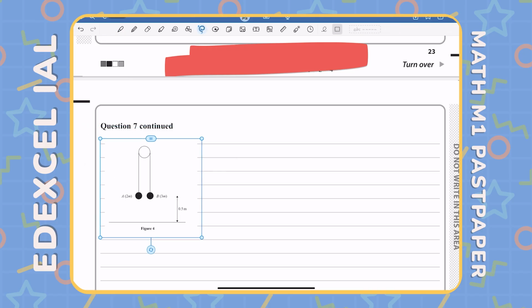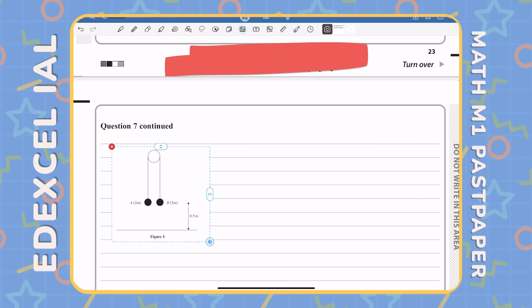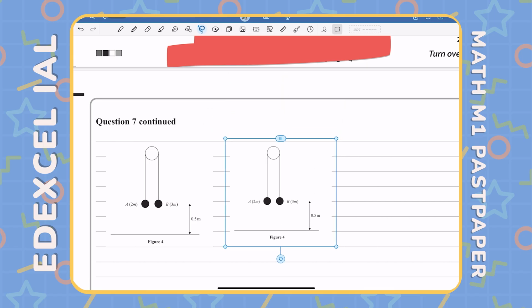Okay, now, what does that mean for B and what does that mean for A? So first of all, notice this is how the story starts. As soon as the system is released from rest, we need to first understand the sequence of events here. What happens?